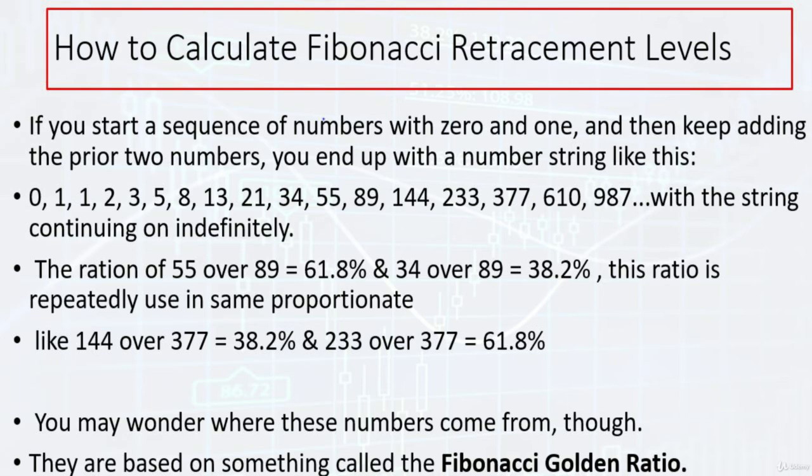For example, the series starts from 0, then 1 plus 0 is 1, plus 1 is 2, plus 1 is 3, plus 2 is 5, plus 3 is 8, and the process goes to infinity.